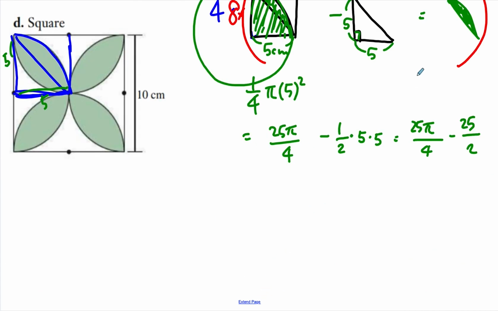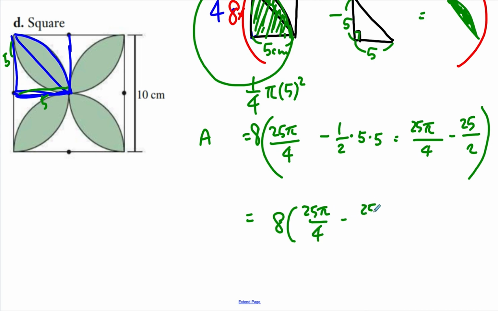That is only the half of the leaf, and I have 8 of those half of the leaf. So area is equal to this whole thing times 8. Then I can just multiply 8 by 25 pi over 4 minus 25 over 2.